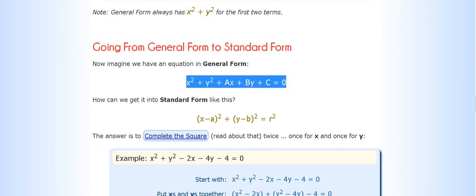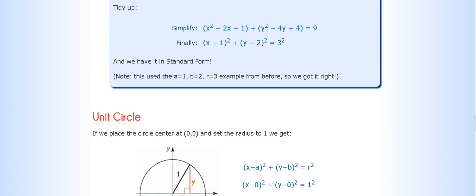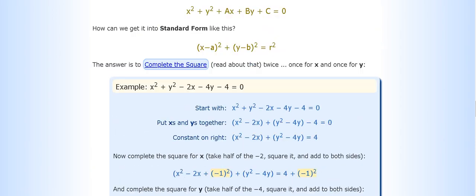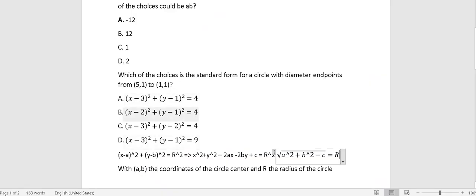Oh, this is the general form. That's the expanded, and the standard form is this. Well, I'll have to look into this another time, right? Oh no, we can solve this, and then we can verify this. I don't know. Let it be there for now.